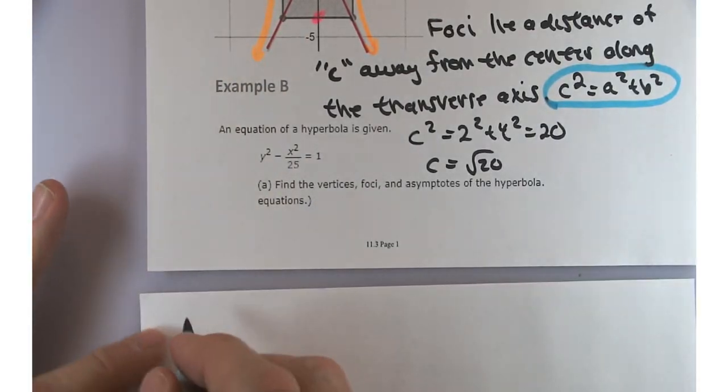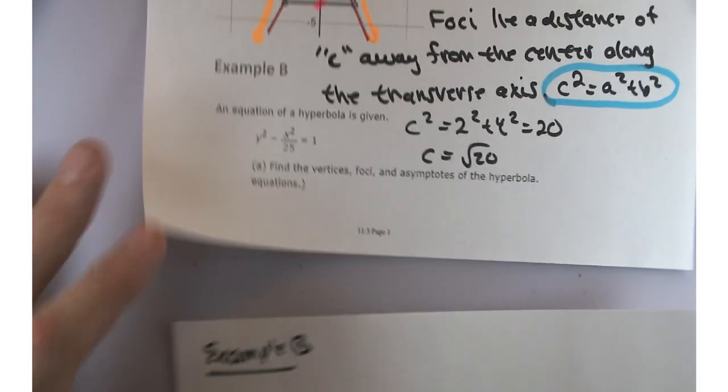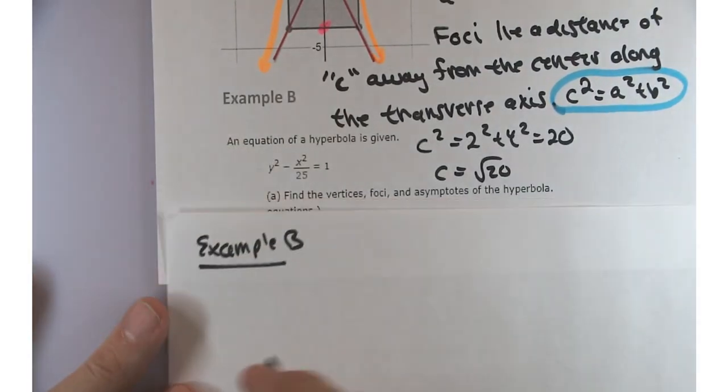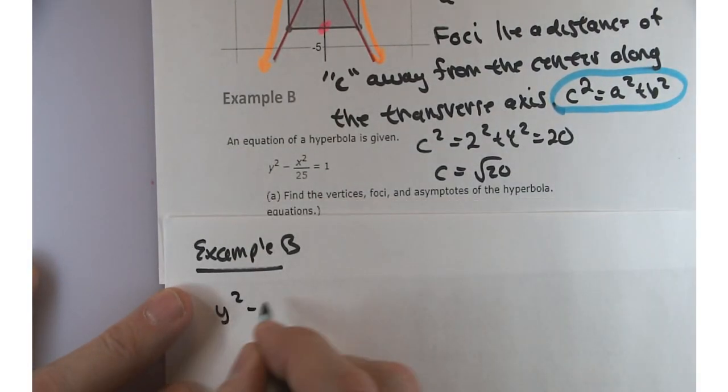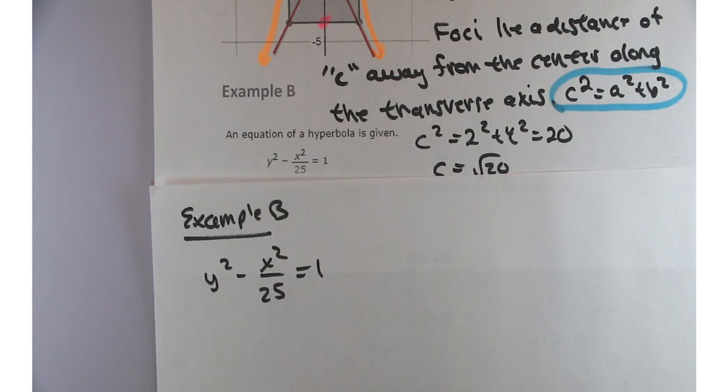Let's try example B. So we've got y squared minus x squared over 25 equals 1. How do I know that this is a hyperbola?